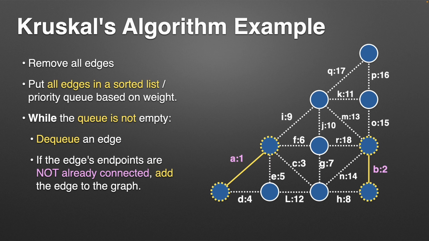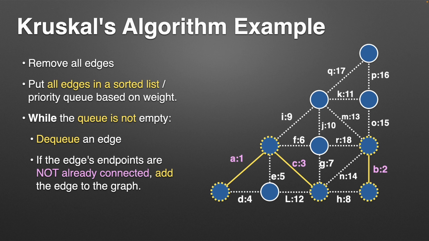C. C, yes. So C has a 3 as its weight, so that's where we'll head next. And it connects us with a vertex that we were not connected to. And so that's good. We'll add that, following the same convention here with these dotted lines to say that we have added this vertex. So where do we go next?